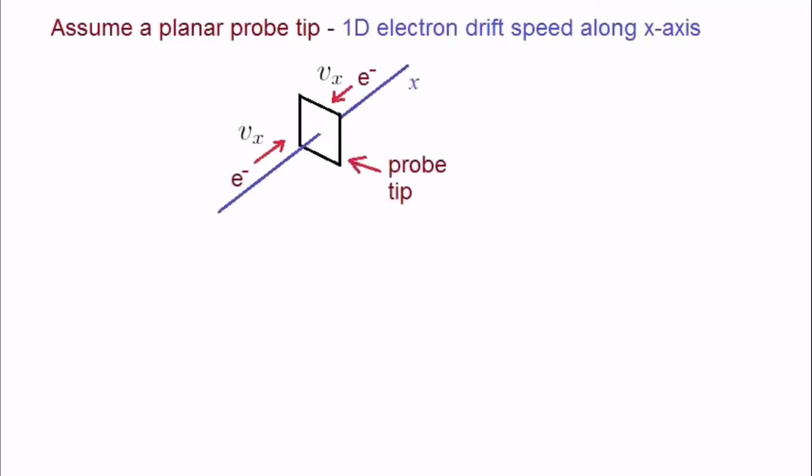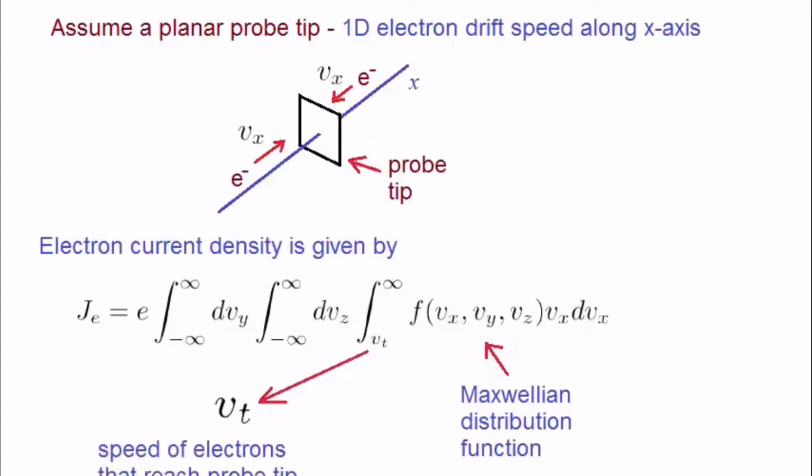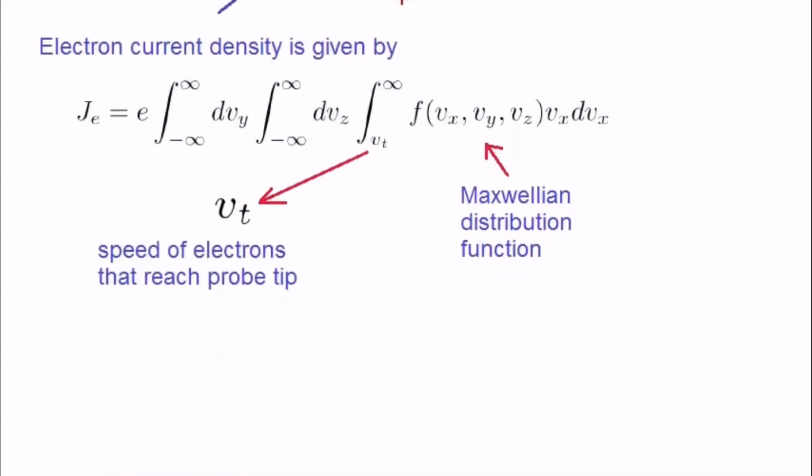Let us assume a planar probe tip, that is, the electron drift speed moves along the x-axis. The electron density is given by this expression, where f is the Maxwellian distribution function. Vt is the speed of the electrons that reach the probe tip.